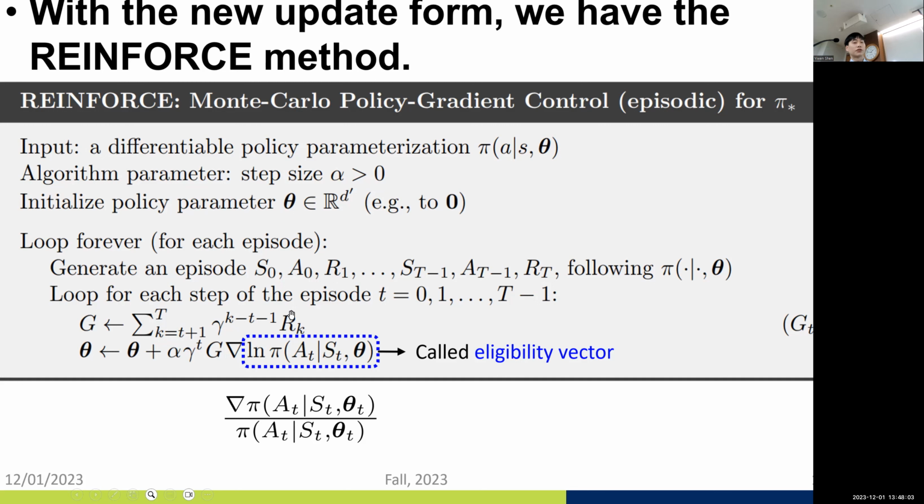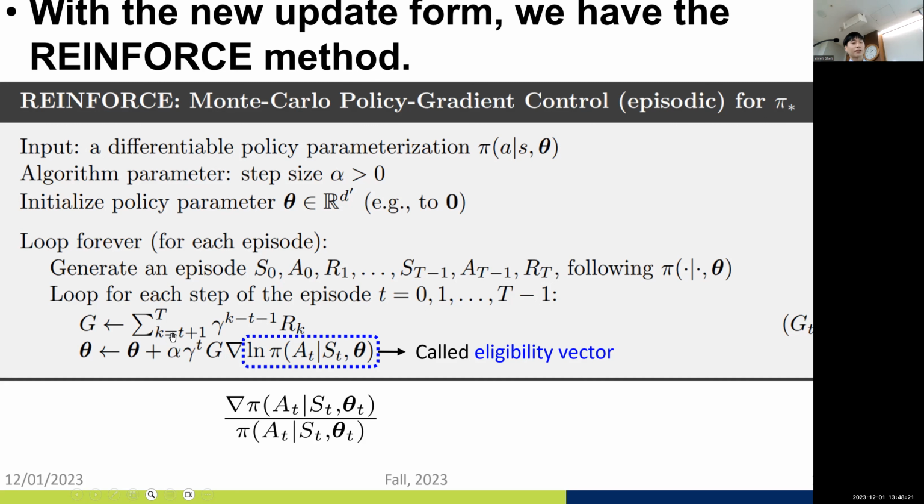Then it will just equal R_0. Actually it should be R_1, right? Because we are starting from t equals 0, it will be R_1.